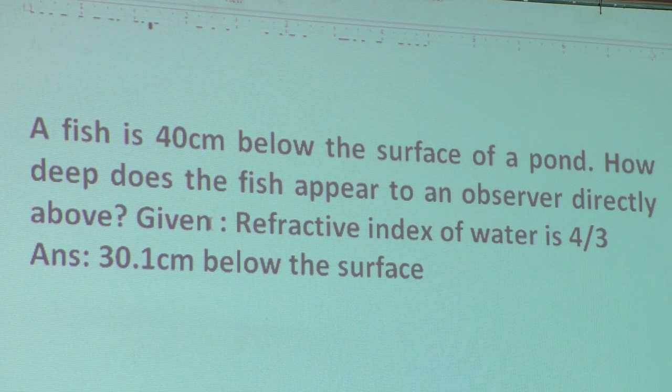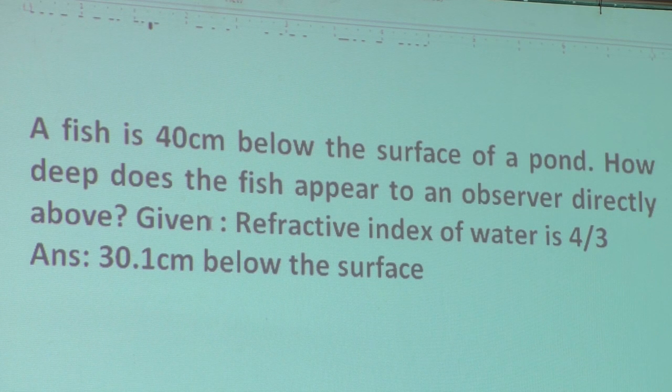A fish is 40 centimeter below the surface of a pond. How deep does the fish appear to an observer directly above, given the refractive index of water? So real depth by apparent depth. Apparent depth is real depth by N.